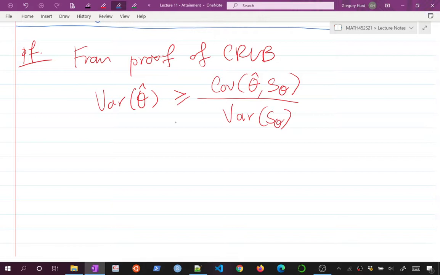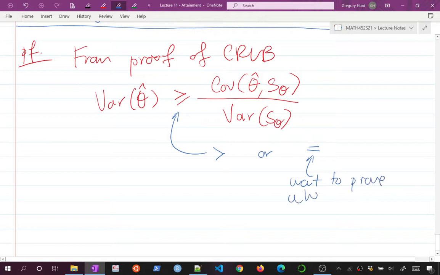Now, this can be greater than or equal to, it's a greater than or equal to sign. And the theorem that we want to prove now is about when it's equal. So we want to prove that case.